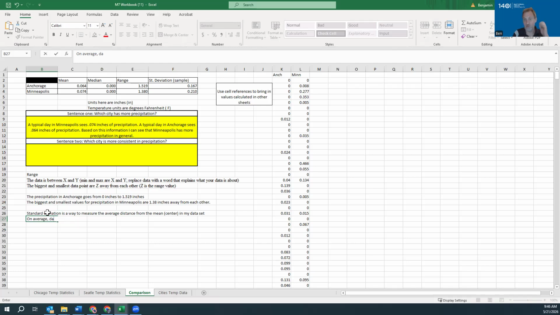So on average, data points, and again, data points is too vague. So I want to talk about what I'm talking about here. Days in Anchorage varied by 0.167 inches from the mean.